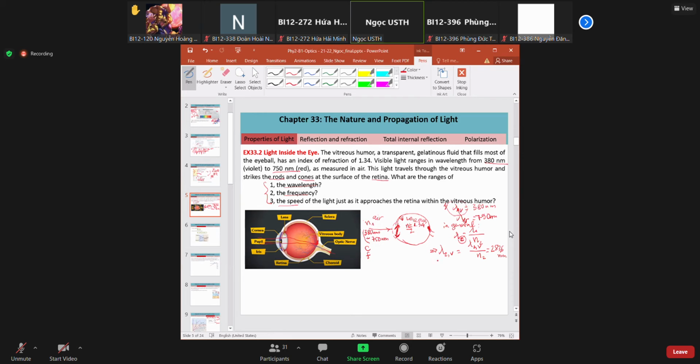The wavelength of the red light in the second medium will be equal to the wavelength of the red light in the first medium divided by the index of refraction of this medium.